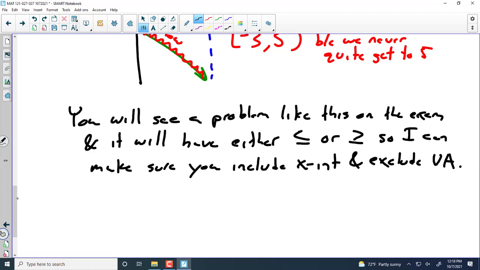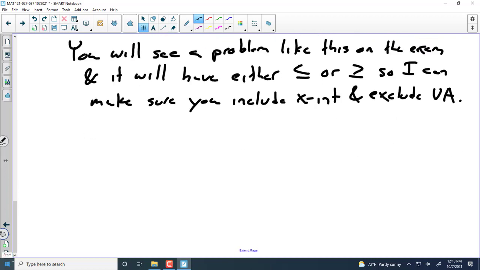Is that what we just talked about? I'll probably put one of these on the test and put an equal to on it. So just to make sure that you know when to use a parenthesis and you know when to use a bracket.